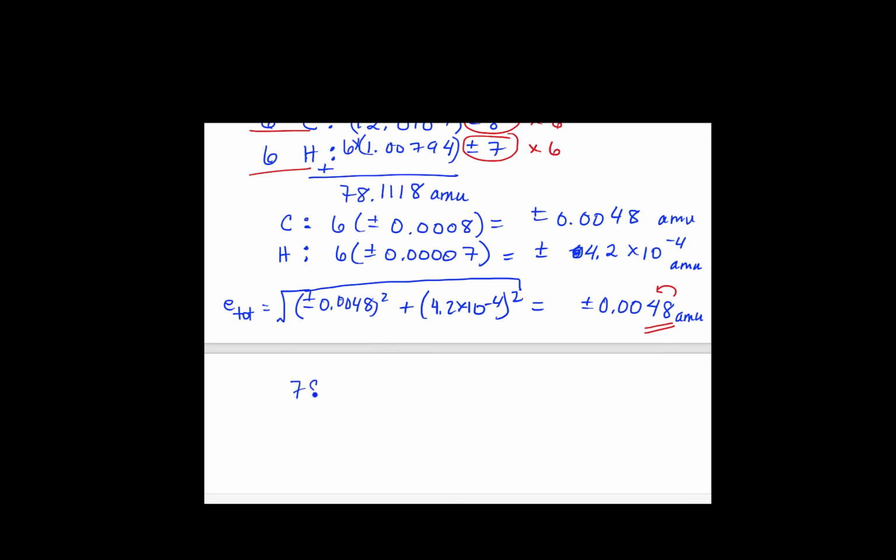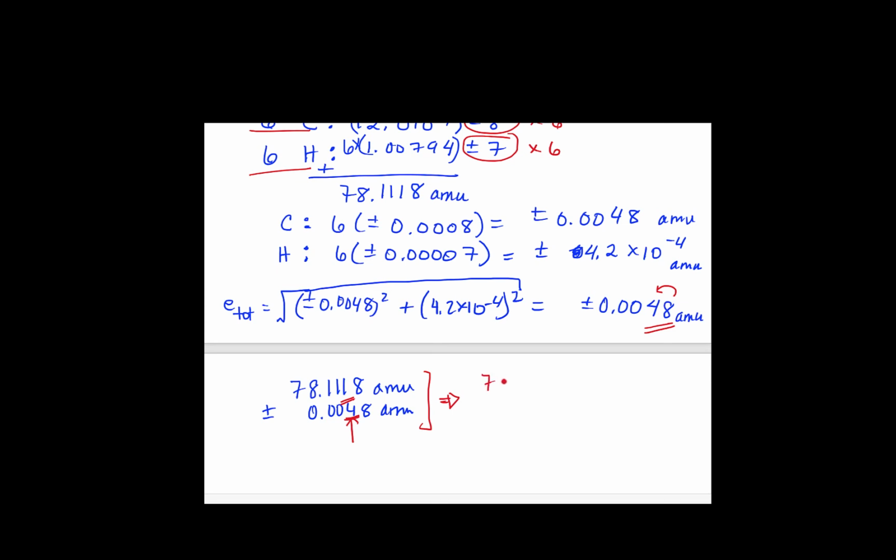So if we look at this number, 78.1118 atomic mass units, plus or minus 0.0048 atomic mass units. Notice that the last certain digit now, based on the uncertainty, really needs to be in the thousandths place, not the 10,000ths place. So we have two options for rewriting this.